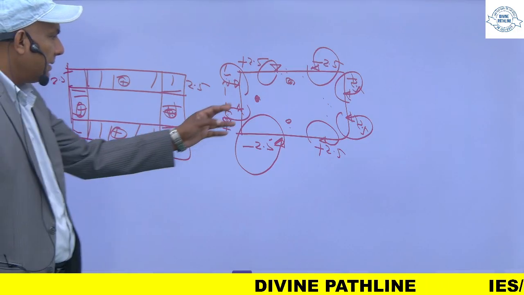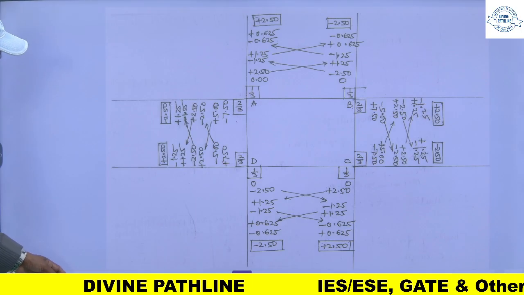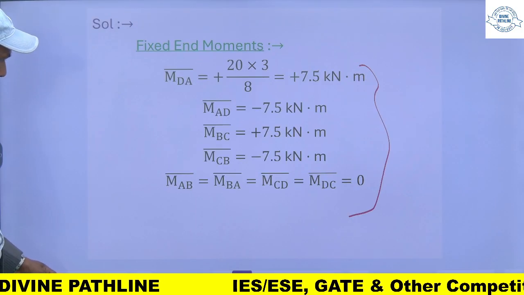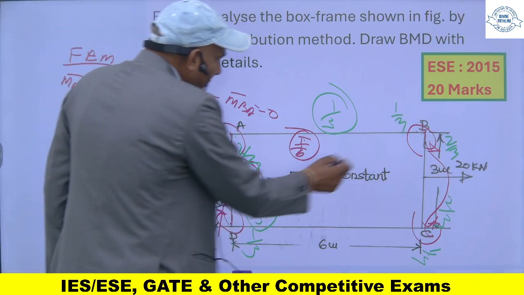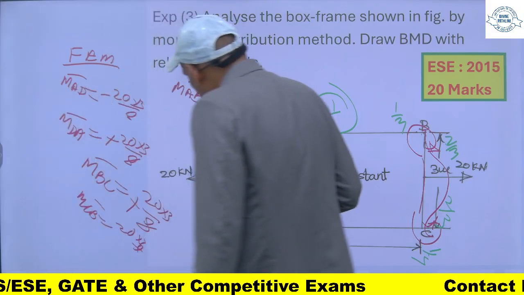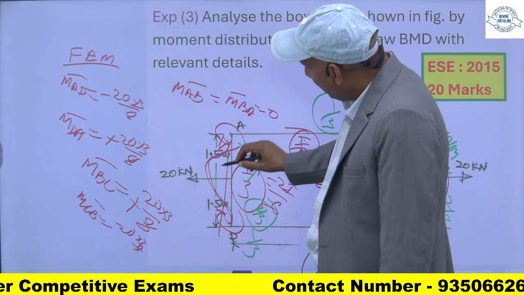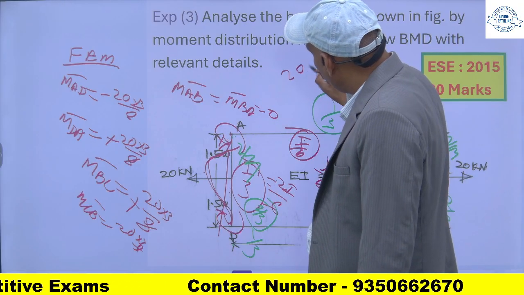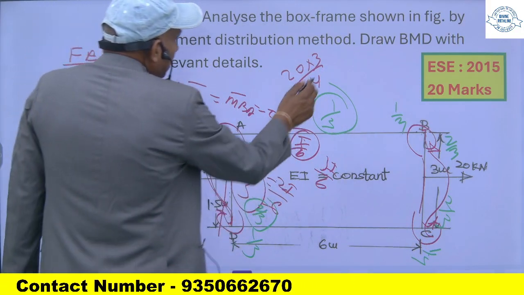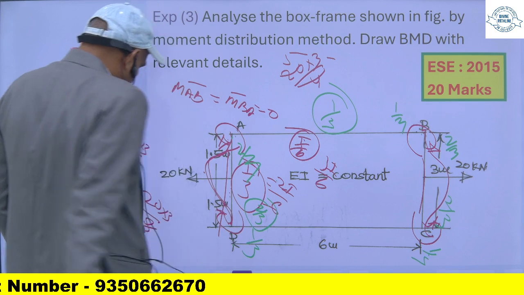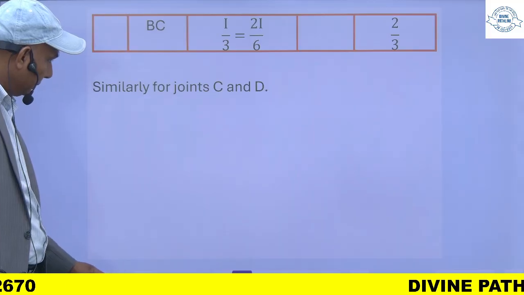And at this point, there is a point load of 20 kilonewton on this face and on this face. So consider this as a simply supported bending moment. This will be hogging, and the value will be 20 into 3 by 4. WL by 4, this is the formula. This will be 15. 15 kilonewton meter hogging moment will be there.